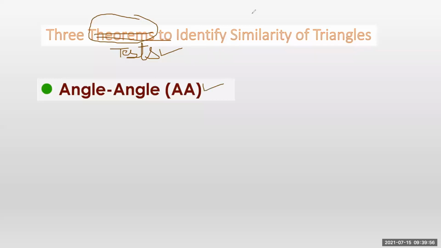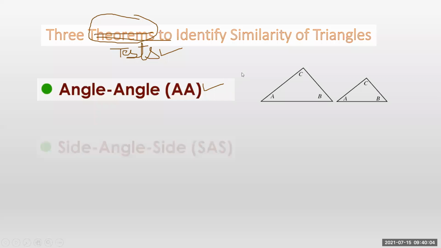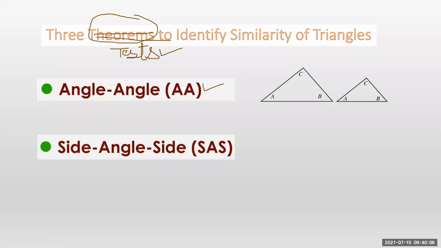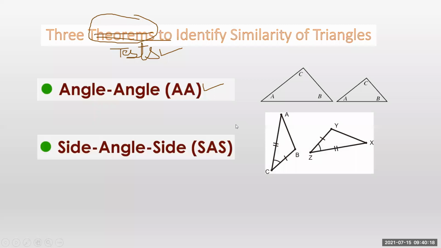The first test is the angle test, where any two angles of one triangle should be equal to any two angles of the other, or the corresponding triangle. Next is side angle side, that is SAS test. Two sides and the included angle, check. The angle is in between.